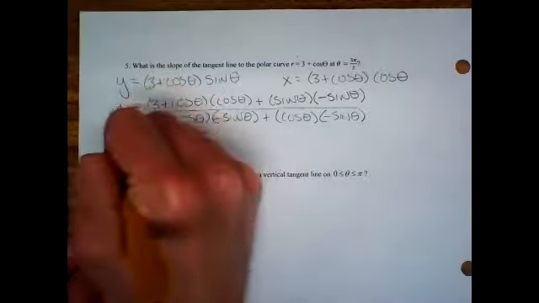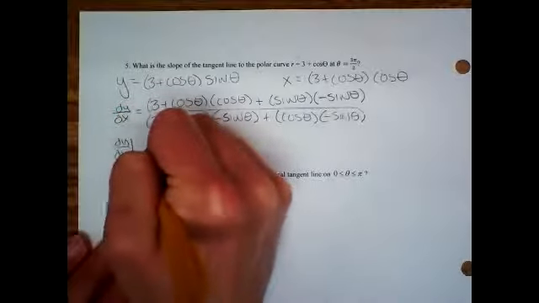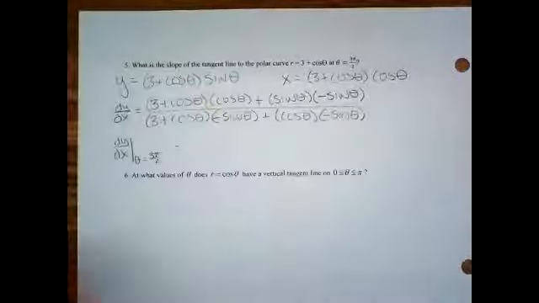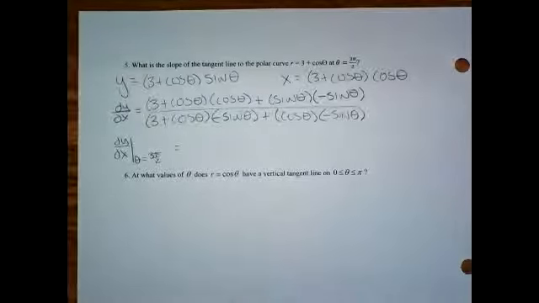And then we're just going to plug in 3 pi over 2. Where's 3 pi over 2 on your unit circle? Like down there says 0, negative 1. So this is cosine, and this is sine. So everything's going to be zeros and negative 1s, okay?